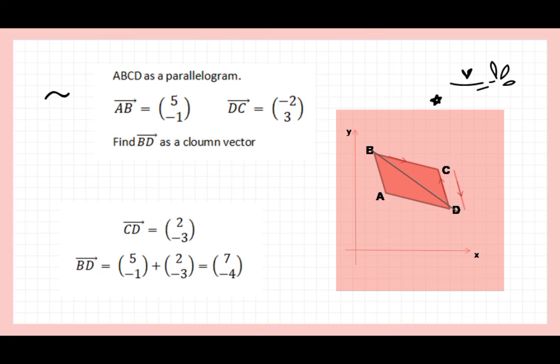After getting the value of the CD vector, we just need to add the result to the earlier vector. That is, BD equals AB plus DC. BD equals 5 plus 2 equals 7, and -1 plus -3 is -4. So the final answer is (7, -4), written as a column vector.